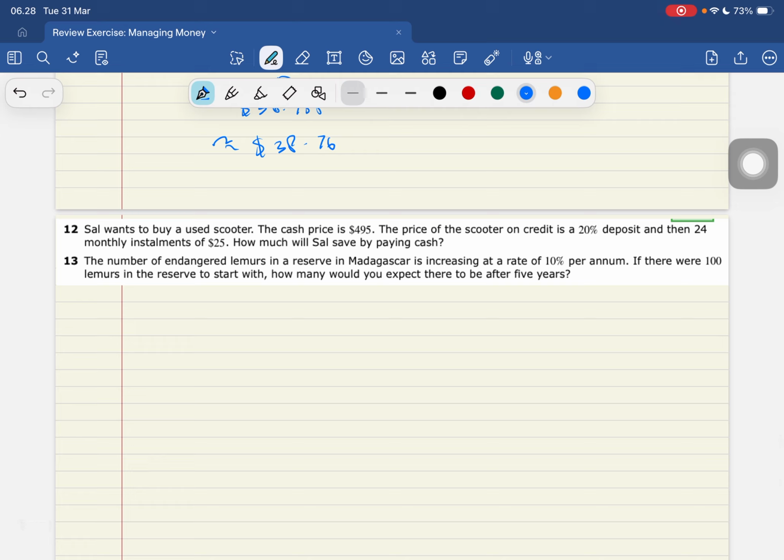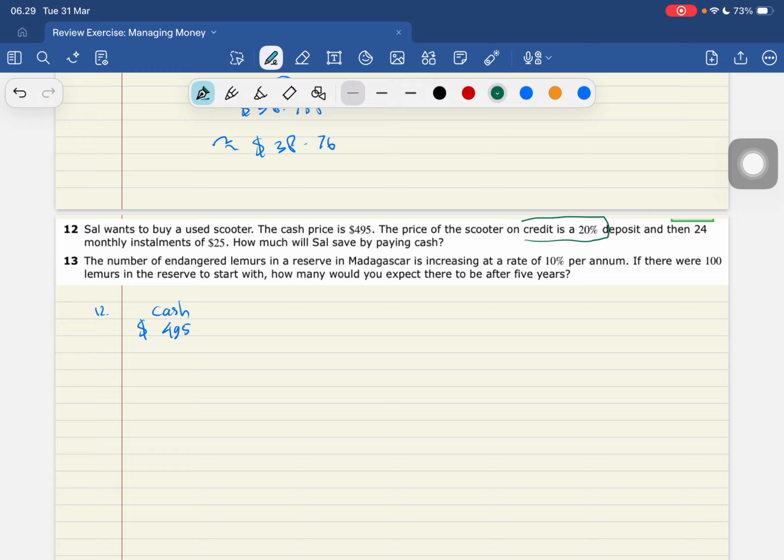Okay, 12. Someone wants to buy a used scooter. Let's write it. The cash price is $495.